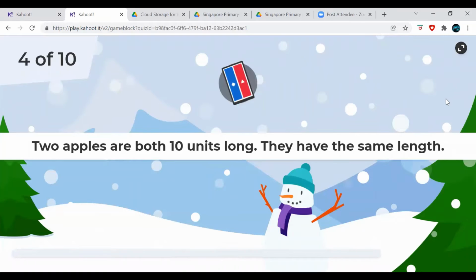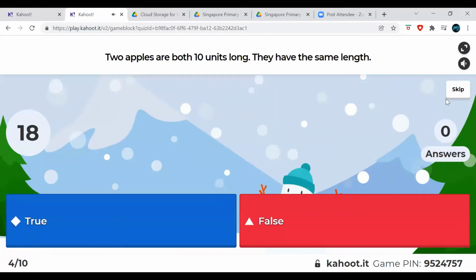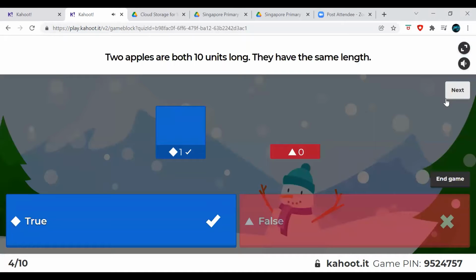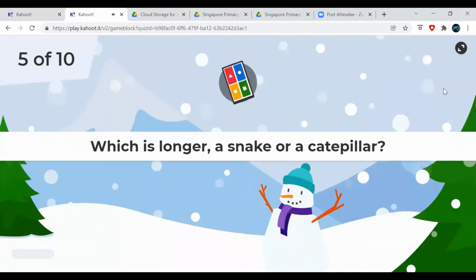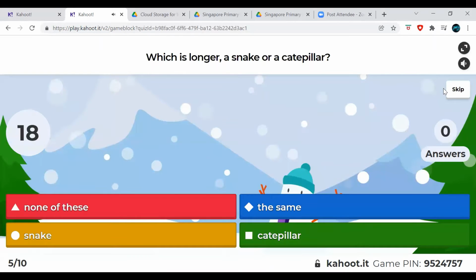Okay, 2 apples are both 10 units long. Is it true that they have the same length? Nice job. Yeah, so if you have 2 apples that are both 10 units long, they're going to be the same. Okay. Which is longer, a snake or a caterpillar?